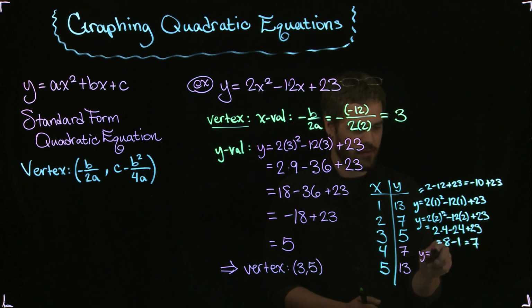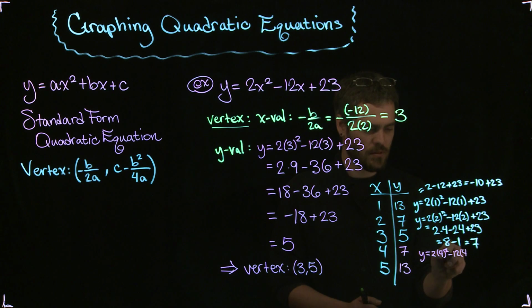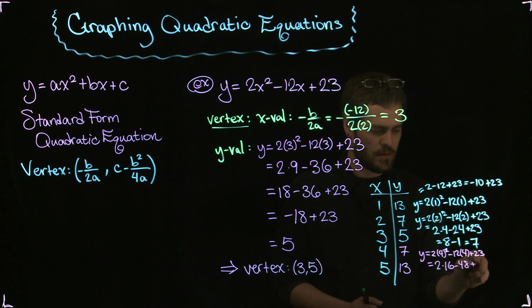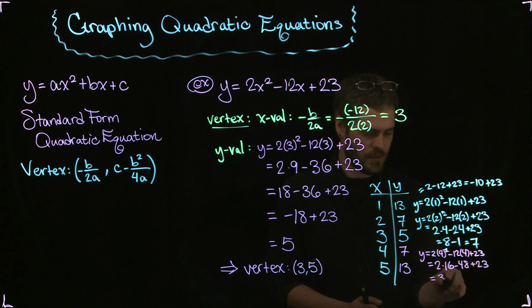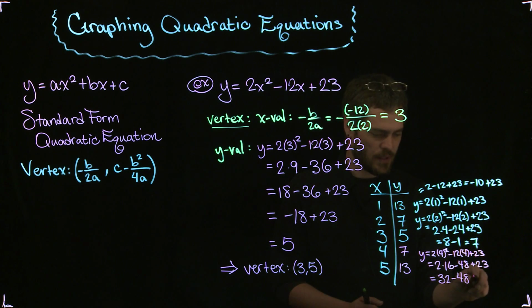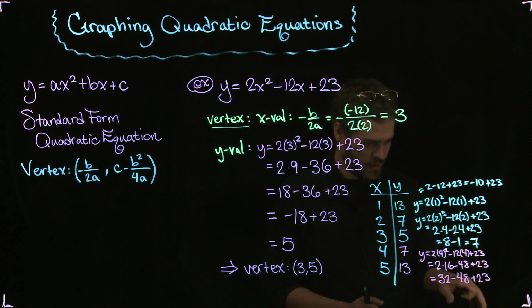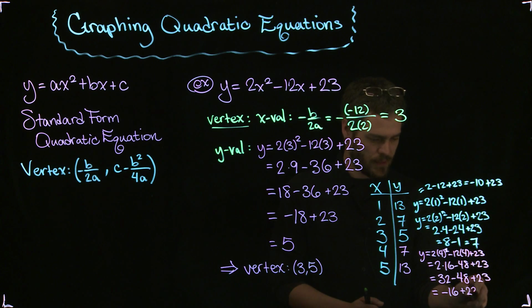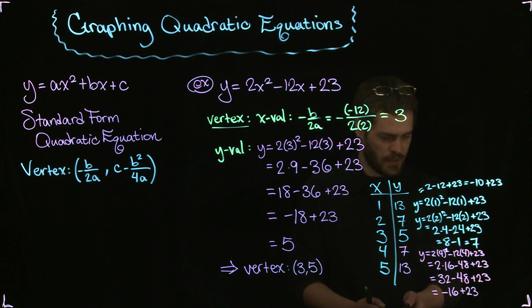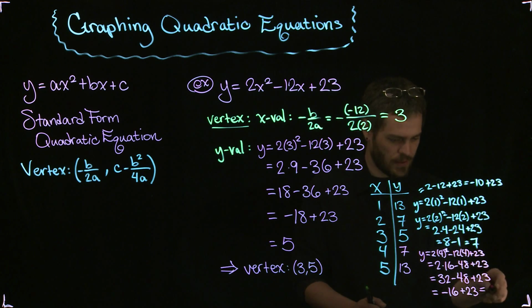So we're checking an x value of 4. 2 times 4 squared minus 12 times 4 plus 23 equals 2 times 16 minus 48 plus 23, equals 32 minus 48 plus 23. 32 minus 48 is negative 16, plus 23 gives me 7.